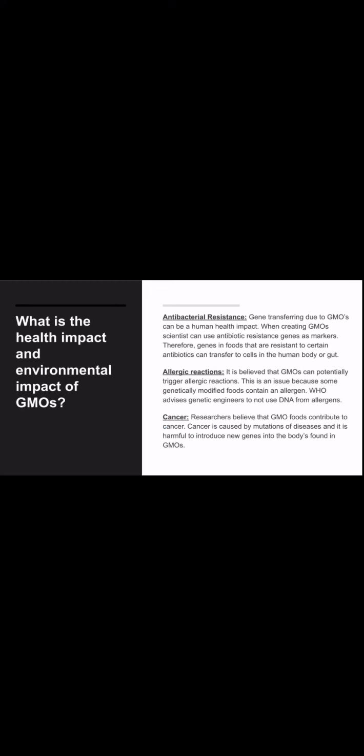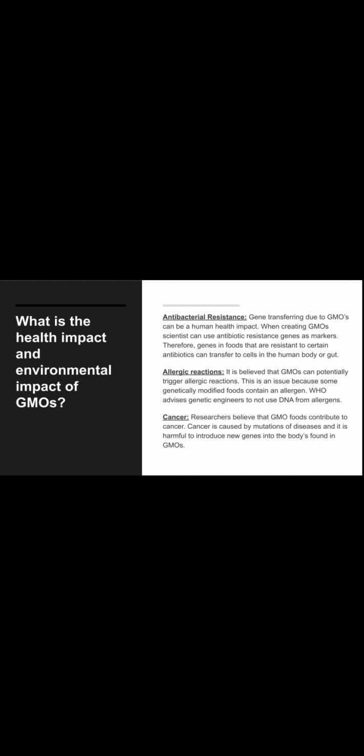Antibacterial resistance. Gene transferring due to GMOs can impact human health. Antibacterial resistance can increase the spread of infection and disease in the human population. This is because an antibiotic resistant gene is used as a marker in a genetically modified organism.